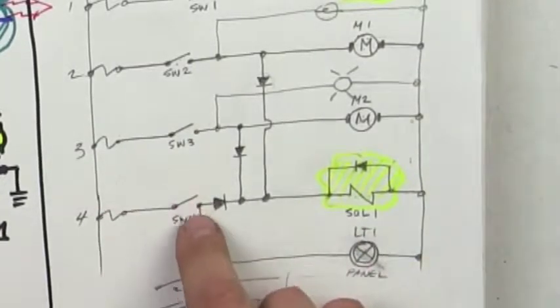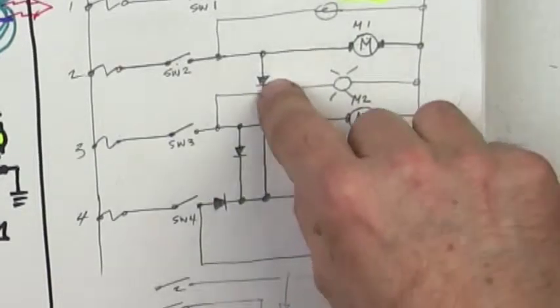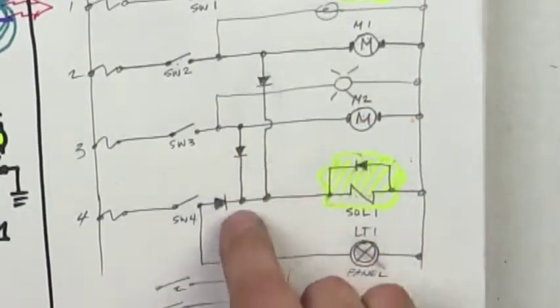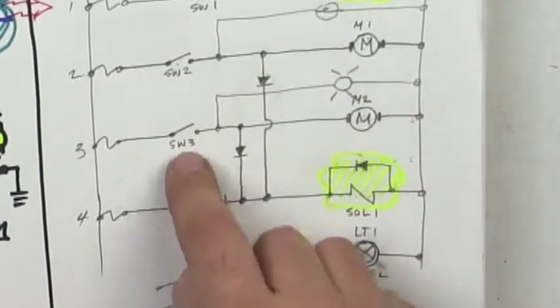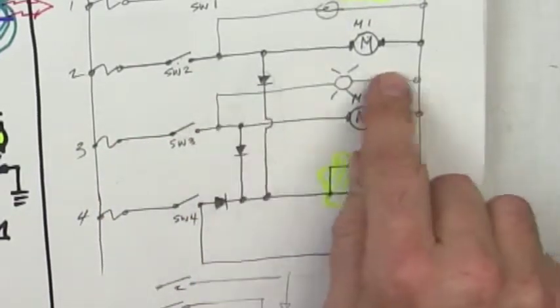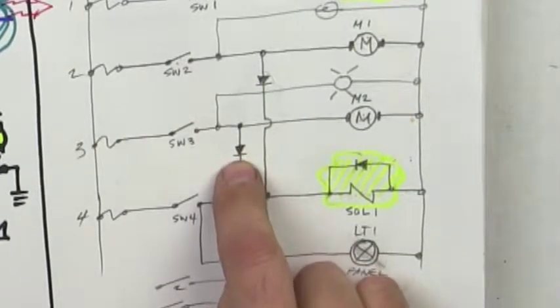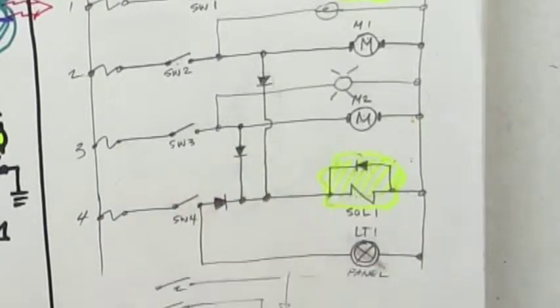So switch 4, everything on this wire becomes positive. So the negative side of the diode is touching positive, so the diode's off. And here the negative side of the diode's touching positive, so the diode's off. Okay, well if I close switch 3, then switch 3 is going to turn on the motor and the light, but it also is touching the positive side of this diode, and the negative side of the diode is touching ground, so this diode would be turned on, or in forward bias.